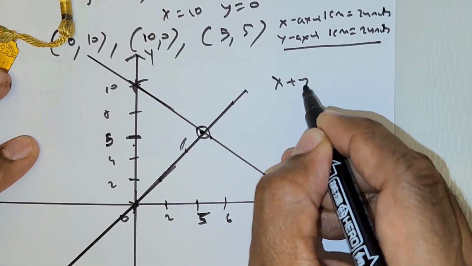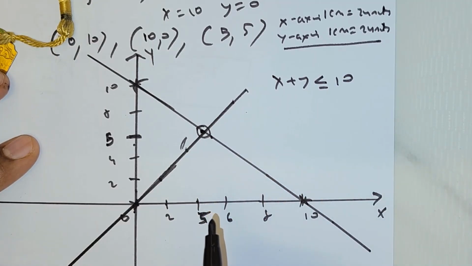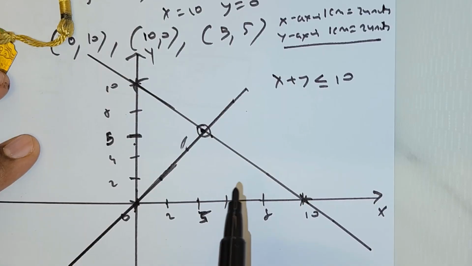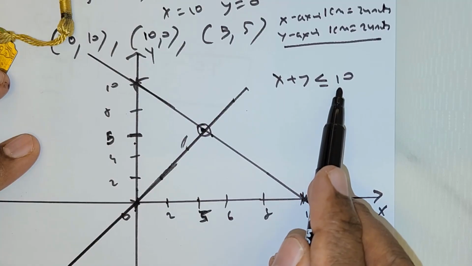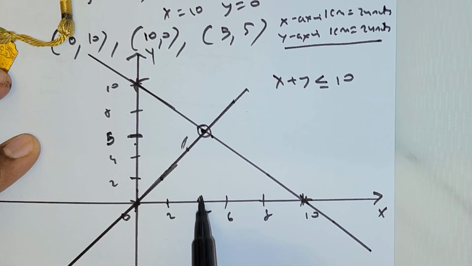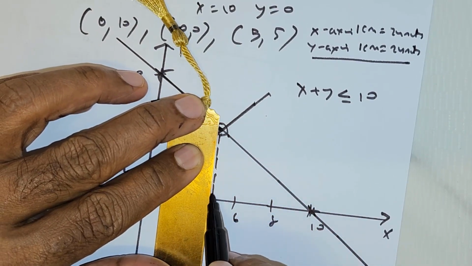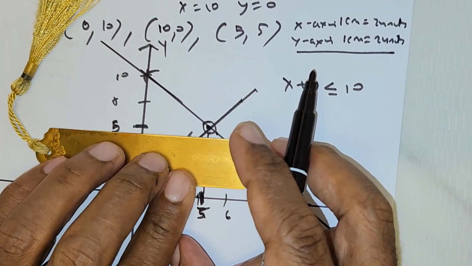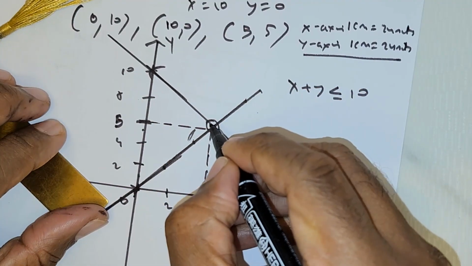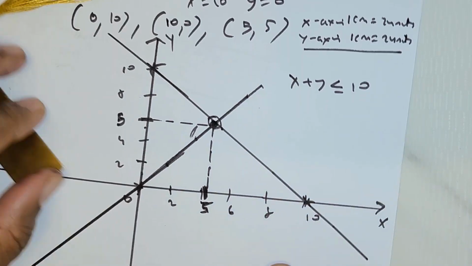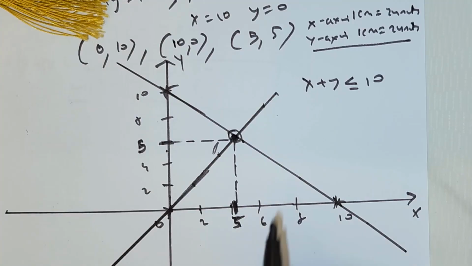Now it says x + y is less than or equal to 10. That means when you add x and y, you should not surpass 10. Let this be the intersecting point. When x = 5, y = 5. 5 + 5 is less than or equal to 10.